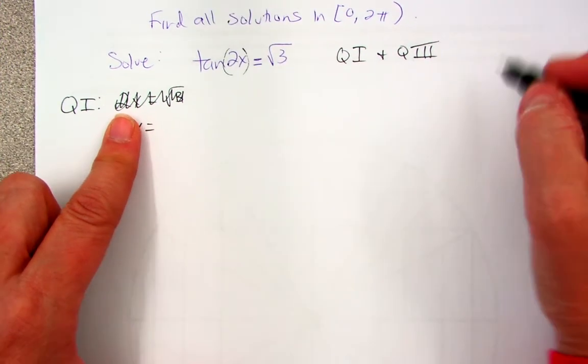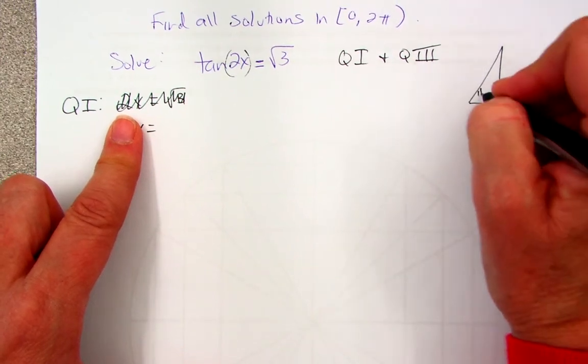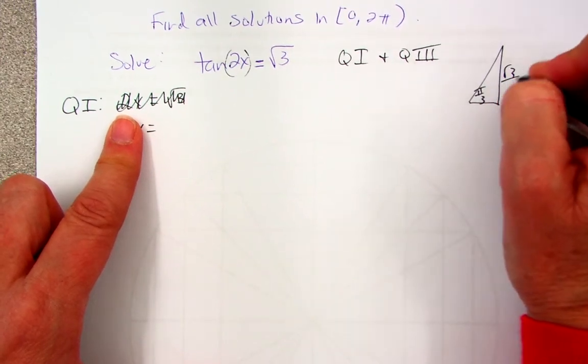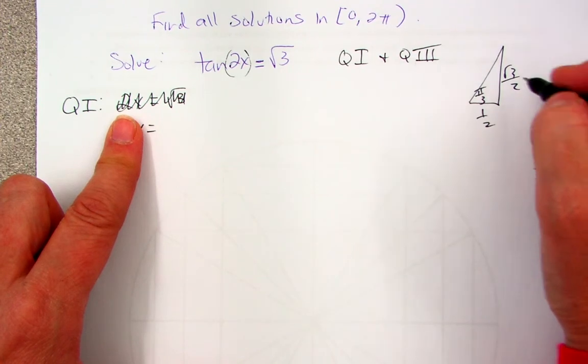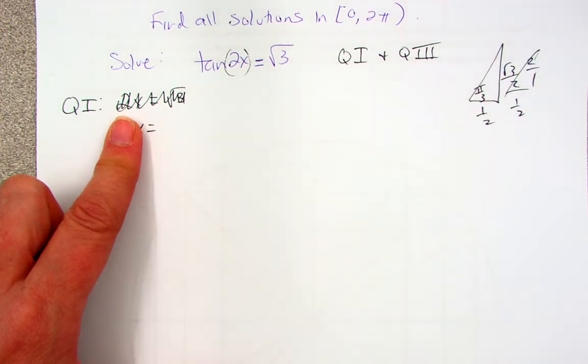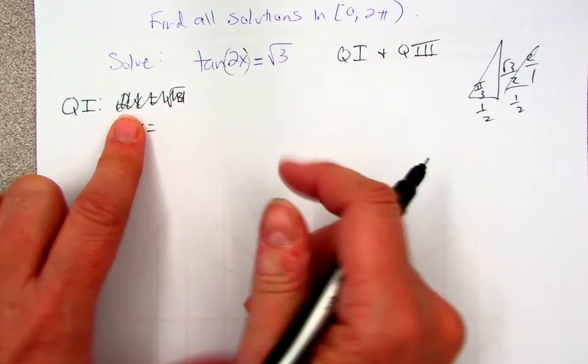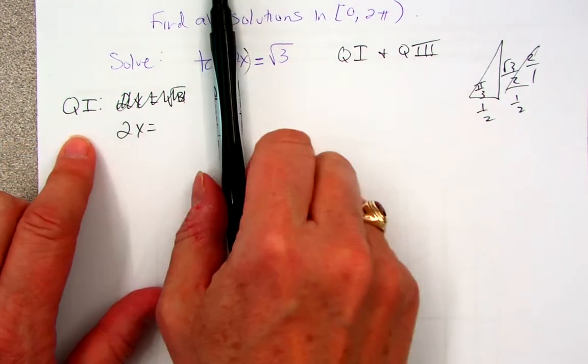Right? When in doubt, sketch it out. Tangent is this over this, which is this. So I don't care what this says.